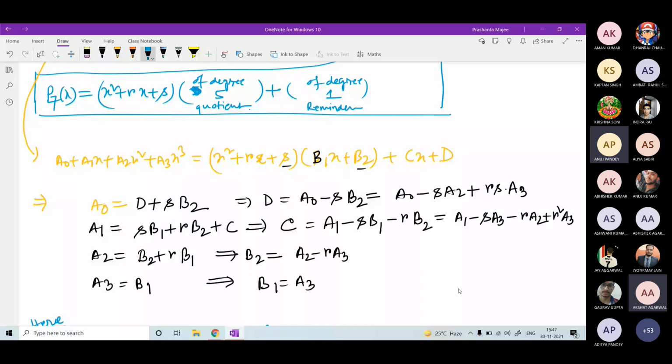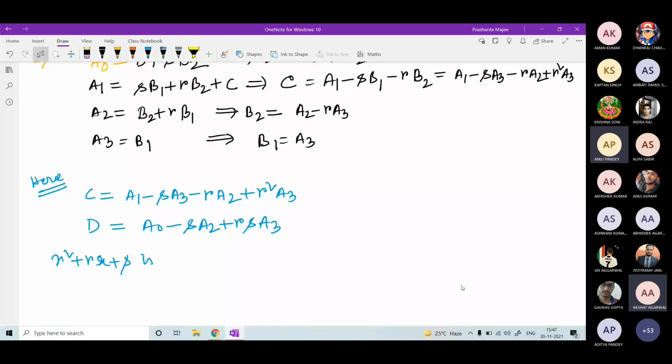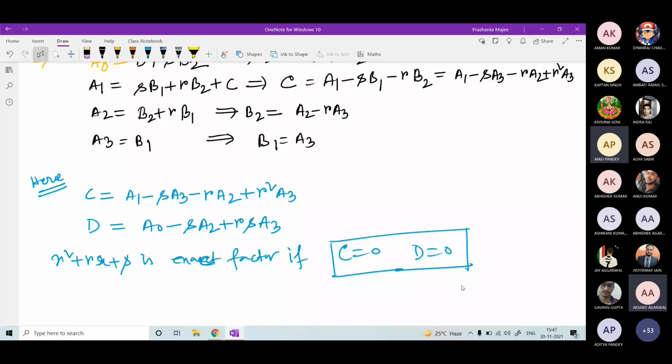So x square plus small r into x plus small s is an exact factor if C equals 0, D equals 0.